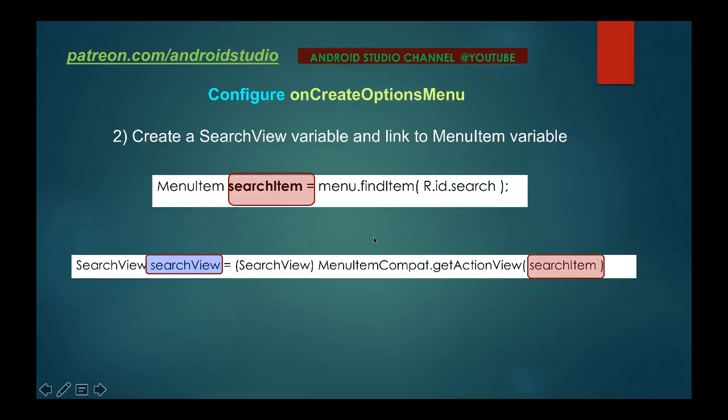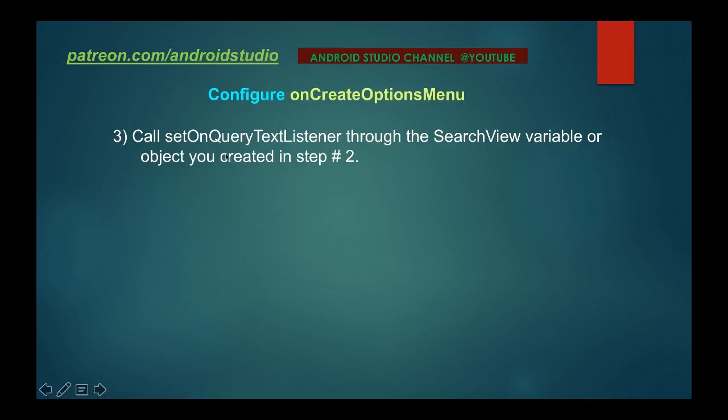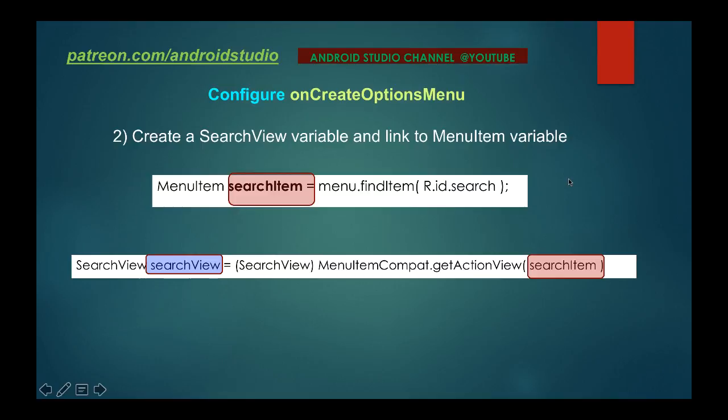And then step 3 is to call set on query text listener through the search view variable or object you created in step 2. So what is the search view variable or object we created in step 2? We named that search view. So be careful whether it's all caps or not.